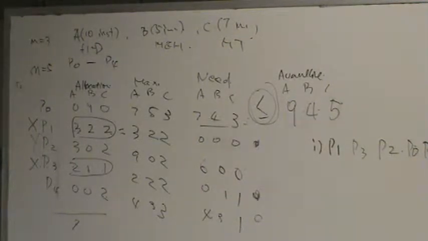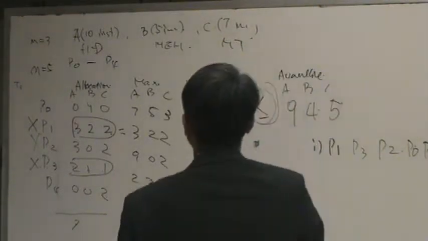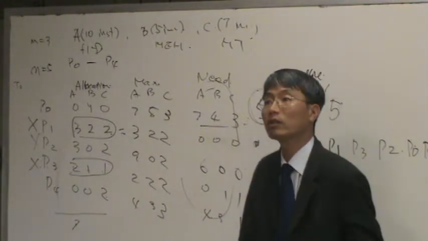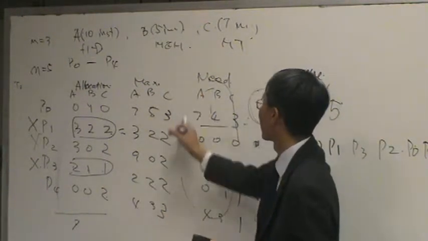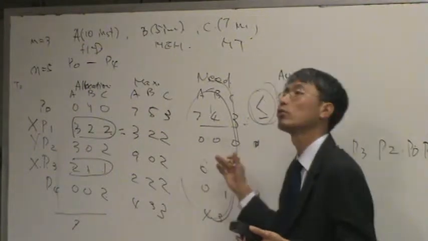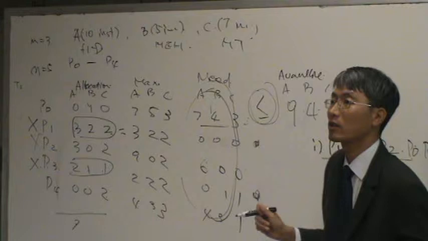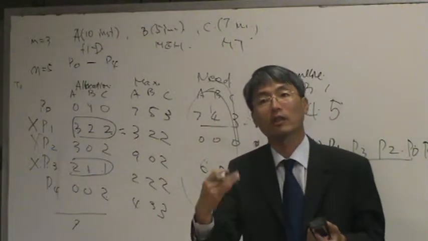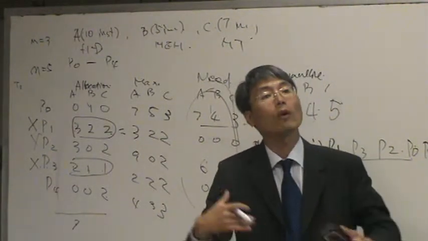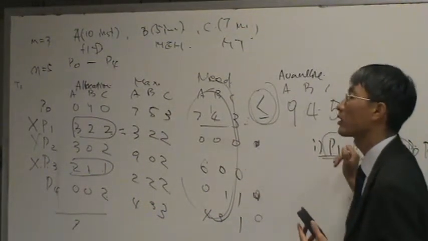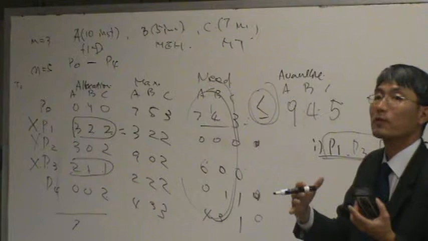As long as you can find the sequence, it is in the safe state. Once you find the safe state, you can allow the request of such a process, because you may not enter a deadlock situation by following this order. So this is deadlock avoidance. You avoid the deadlock by finding the sequence of processes that are in a safe state.